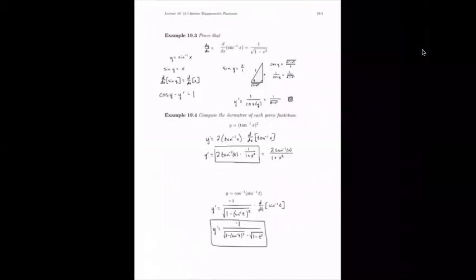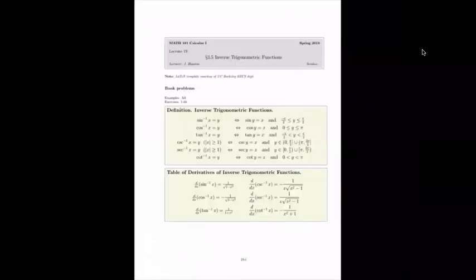Okay, so the derivative of cosine inverse of sine inverse of t. So this is a little bit messier. All right, so we have an outer function, cosine inverse. We'll take the derivative of the outer function applied to the inner function. So cosine inverse's derivative is what? Let's go back and look.